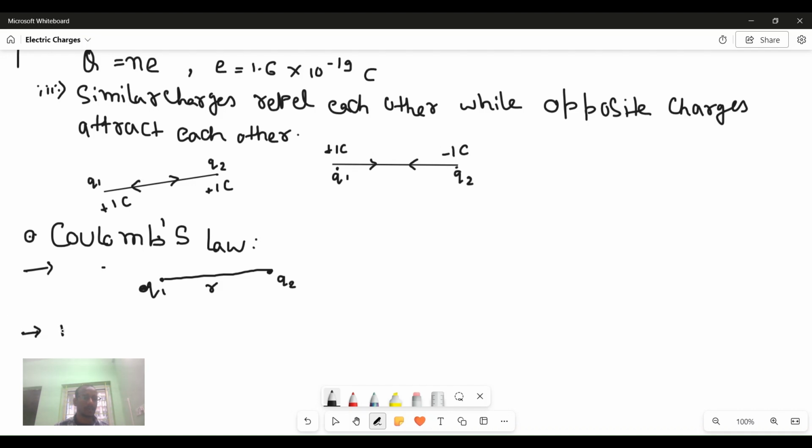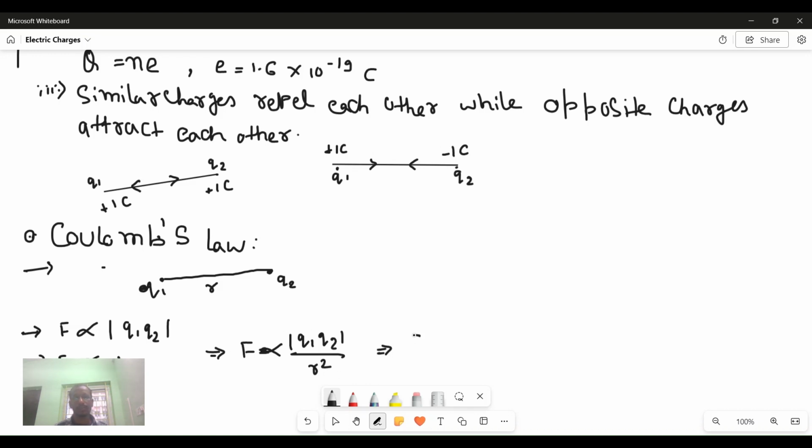Coulomb's law says that the force between two point charges is directly proportional to the magnitude of the product of charges Q1 and Q2 and inversely proportional to the square of the distance between them. So the force is given by this.